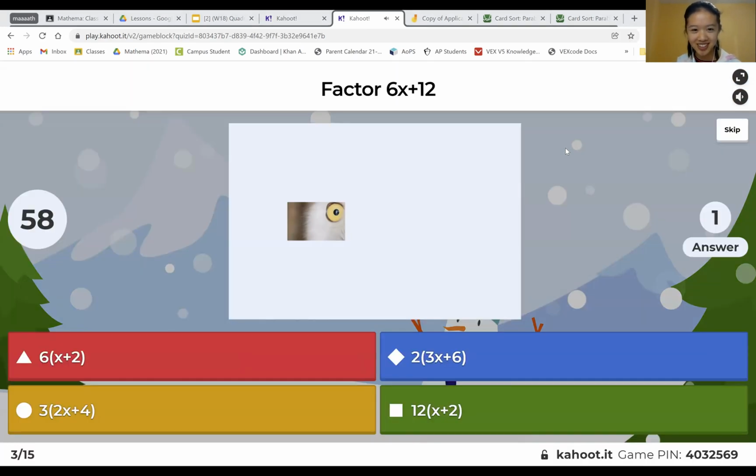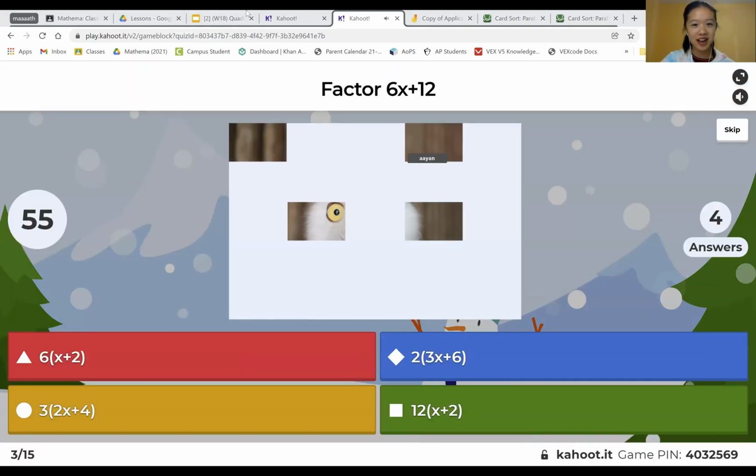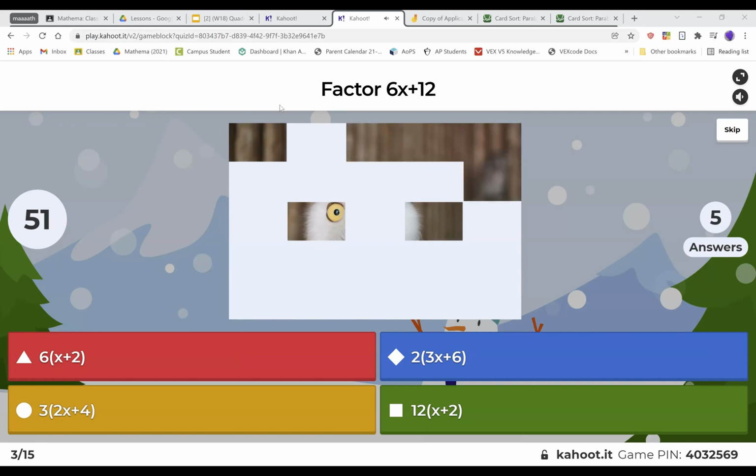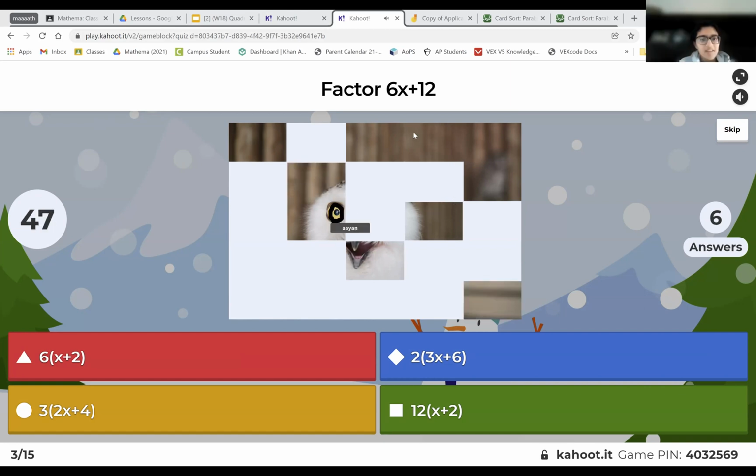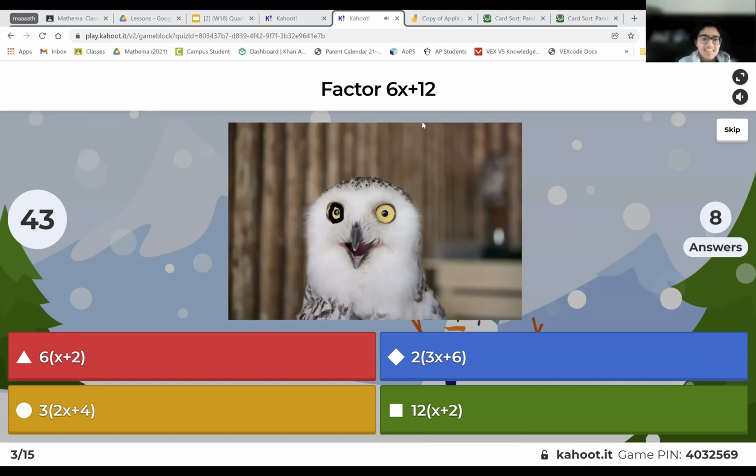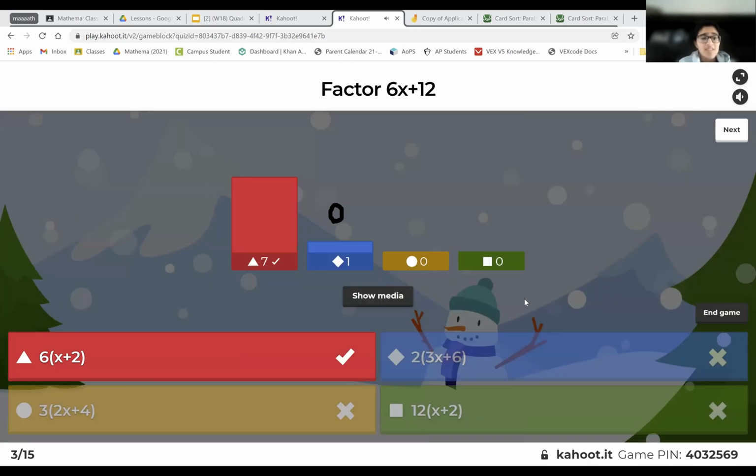Oh my goodness. Those pictures. Sanvi, you have a question? No. Okay. This is one unique looking owl. Wait a second. Who skipped? Why did it skip it?